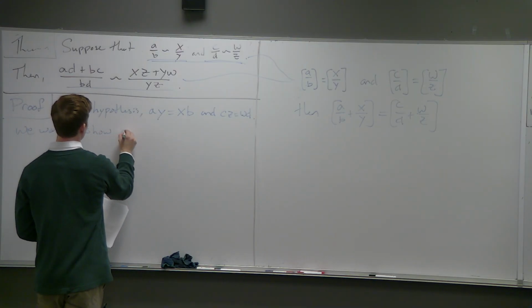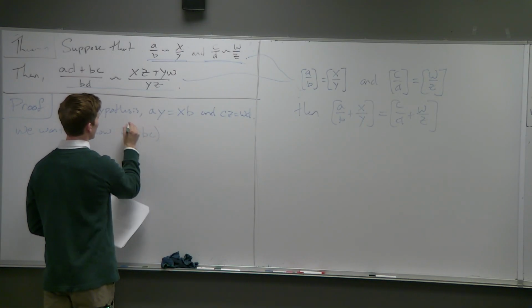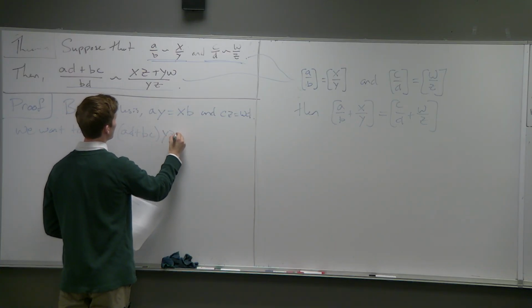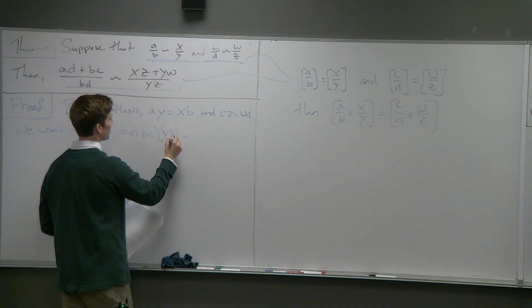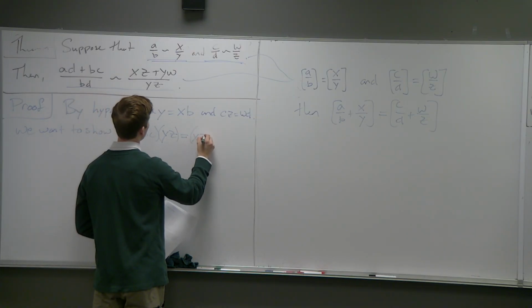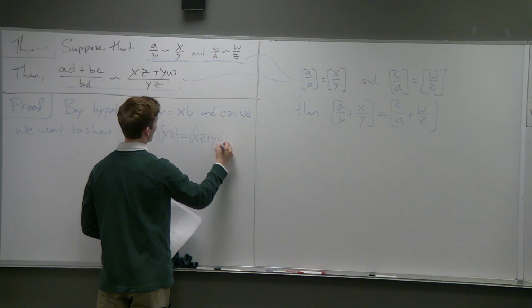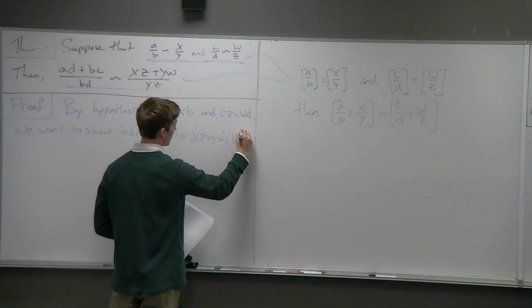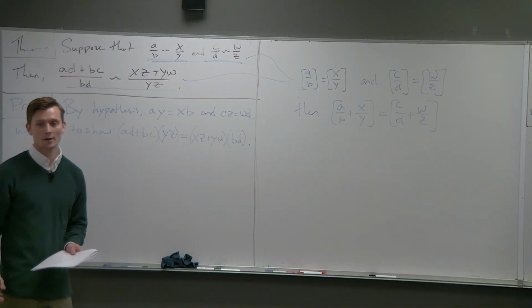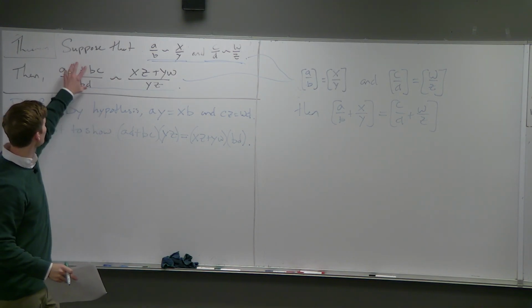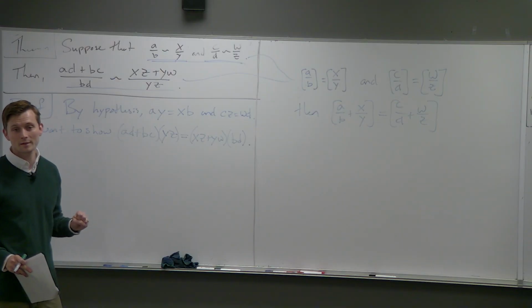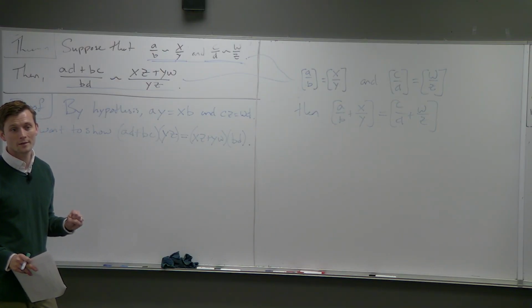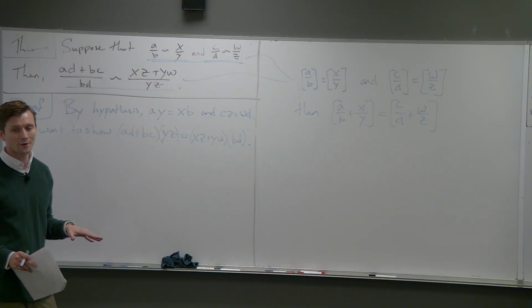We want to show that (AD plus BC) times YZ is equal to (XZ plus YW) times BD. That is, we're going to show this thing and this thing are equivalent. Feeling good about that?